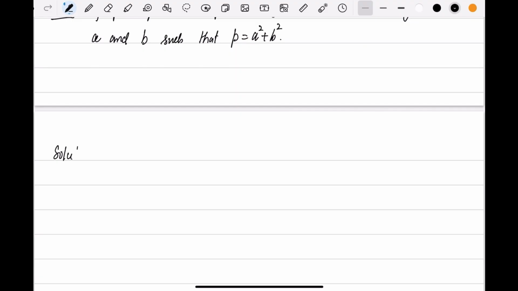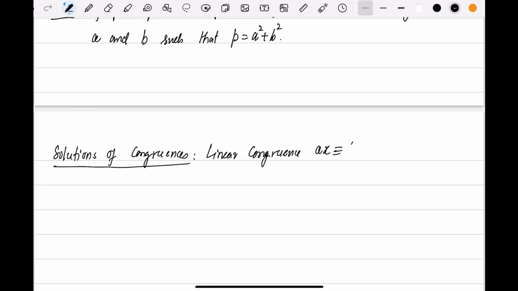So now, solutions of congruences. Consider linear congruences of the form ax congruent to b modulo n. Now how do we find its solution? Before finding its solution, we will come back to the division algorithm.